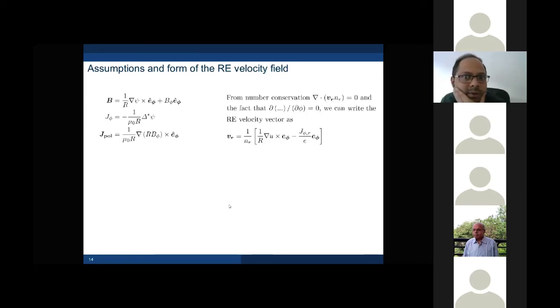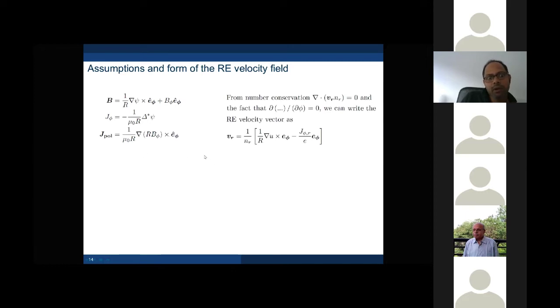Now, I would quickly take you through how the equilibrium would be different with these relativistic electrons. For an axisymmetric equilibrium, which means that there are no variations in the toroidal direction, one can write the magnetic field in this form, which is clearly divergence free, and the current density, the toroidal component, toroidal is going along the donut or the torus, and the poloidal would be of this form.